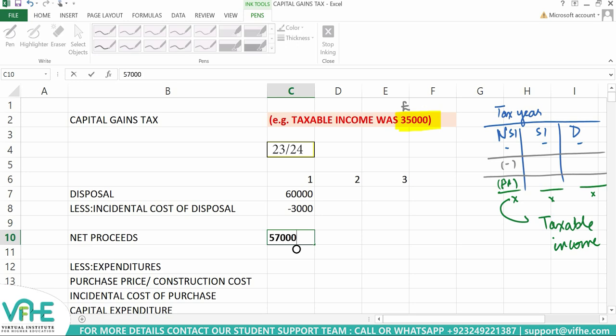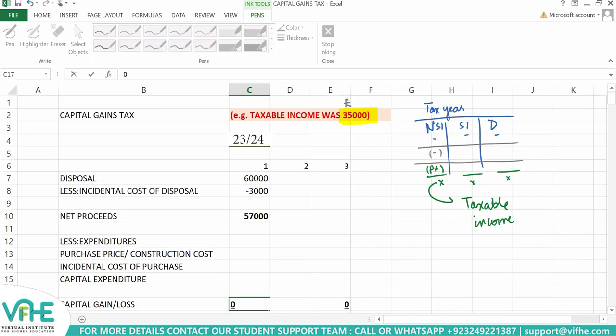Now, we need to see how much expenditure has been incurred on this asset, because we will be comparing the cost associated with this asset, and by deducting all such expenses, we need to see whether we have made a gain on the disposal activity or loss.